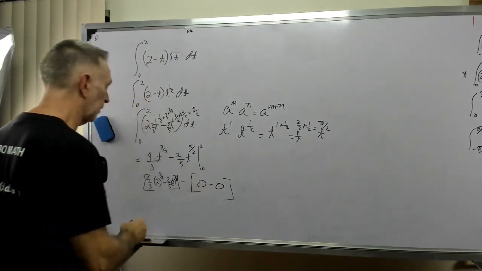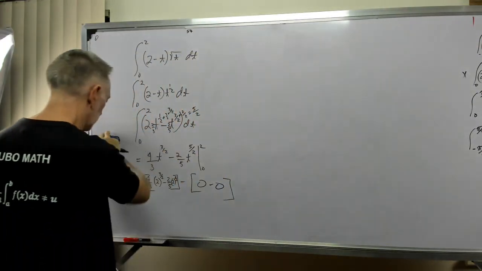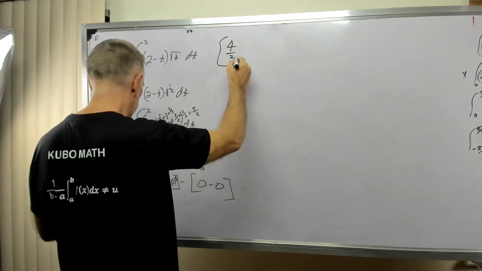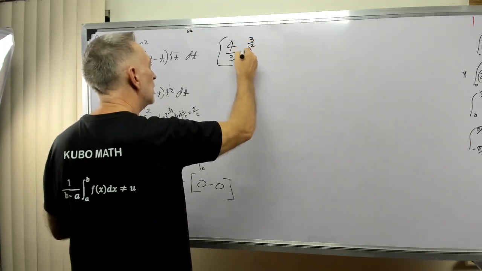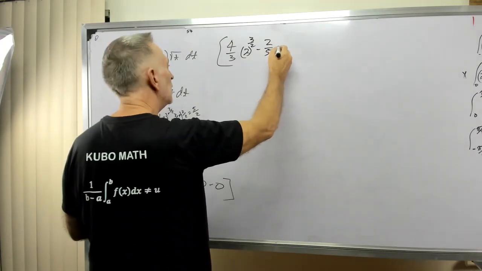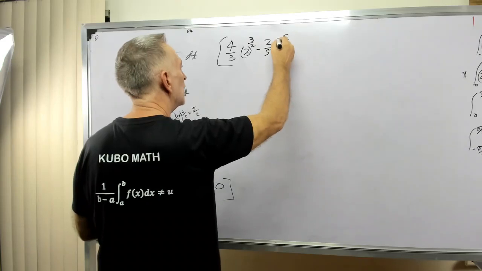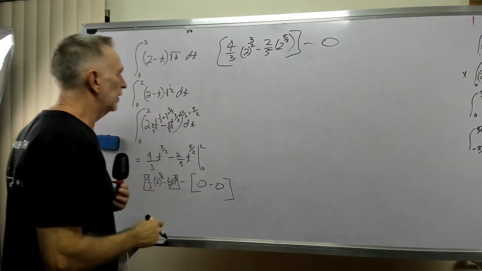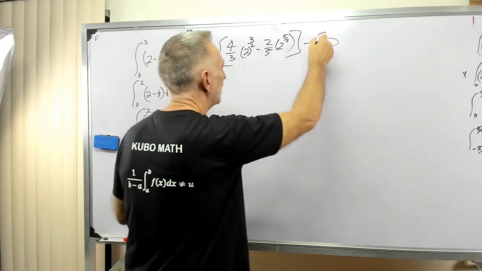That gives me 0. Let's move all of this up where we can see what's happening. 4/3 is in my first box, 2 to the 3/2, minus 2/5, 2 to the 5/2. We just had 0 out there, and I'll put it there so we won't forget that we had it.